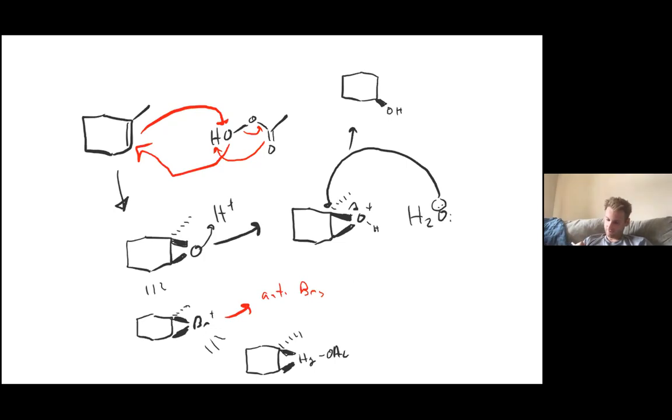We're going to end up with this protonated form, which can lose a proton to give us anti-OH addition.